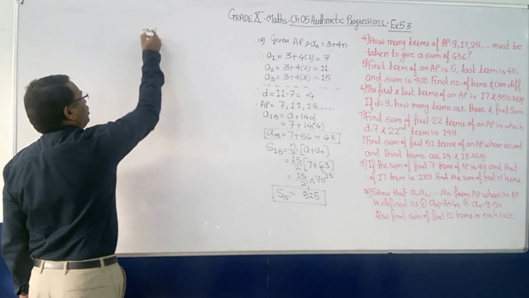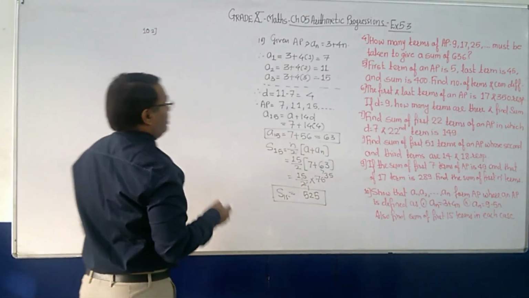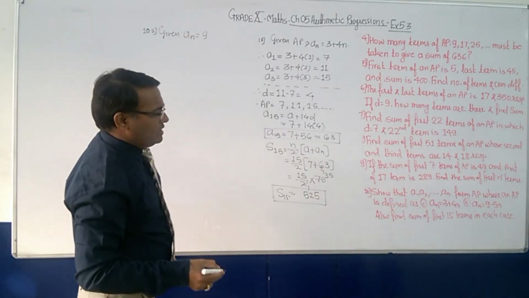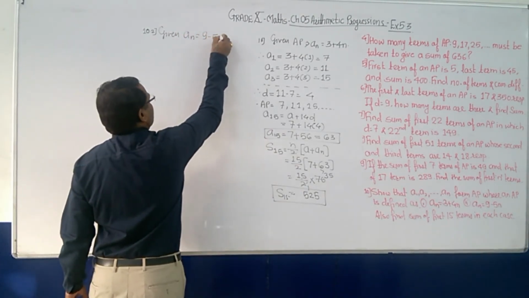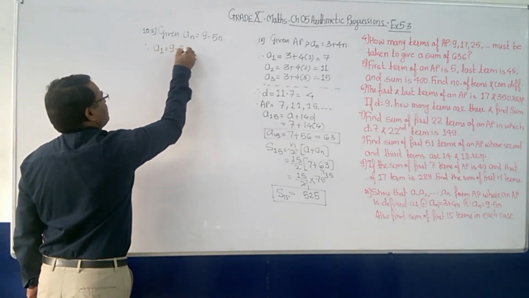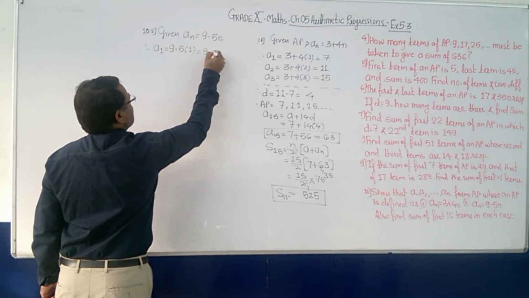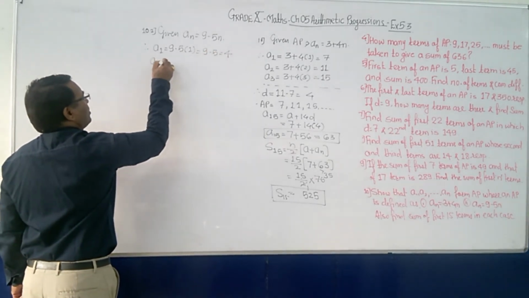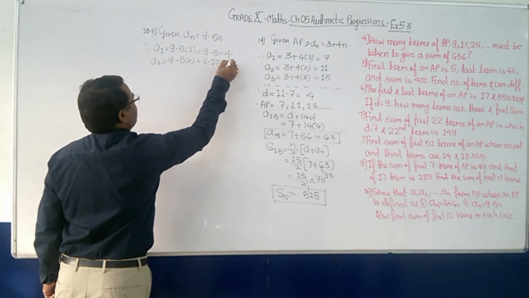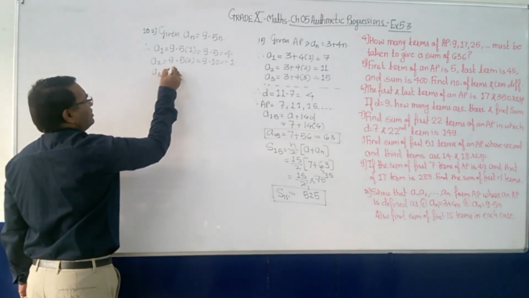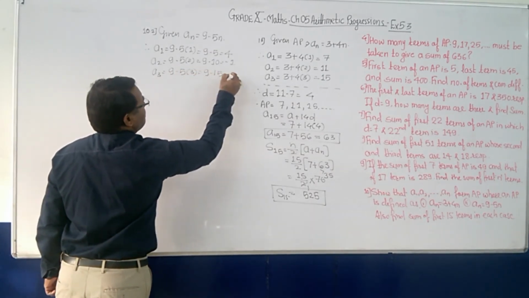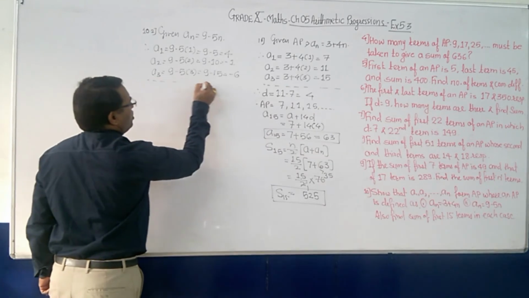Then sum number 10.2, that is the next sum, where it is given that an is equal to 9 minus 5n. Therefore again the same thing: a1 is equal to 9 minus 5 into 1, that is 9 minus 5, 4. a2 is equal to 9 minus 5 into 2, that is 9 minus 10, minus 1. a3 is equal to 9 minus 5 3s, that is 9 minus 15, equal to minus 6, and so on.